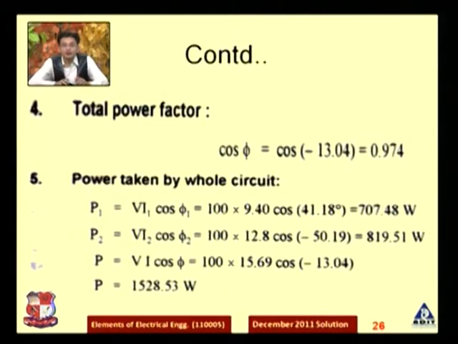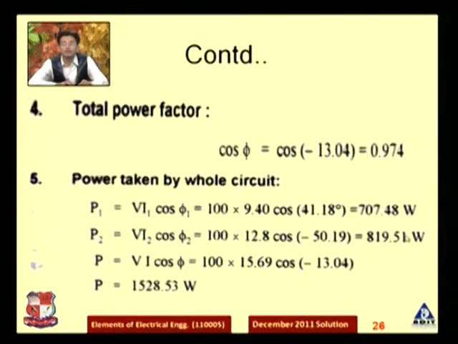Now P1 and P2 you can find by knowing phi 1 and phi 2. So you can see that the power taken by one branch is 707.48 and the power taken by the second is 819.51.